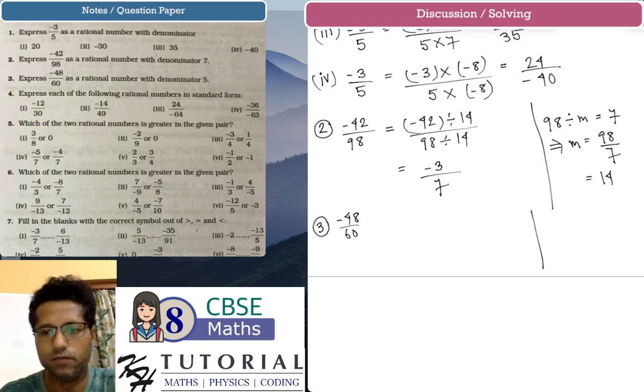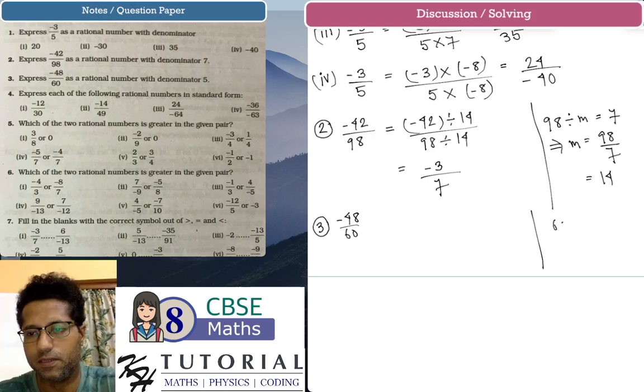Now we see the denominator is 60, so we have to divide 60 by some number so that it becomes 5. So what will be that number? By what number do we divide 60 so that it becomes 5?